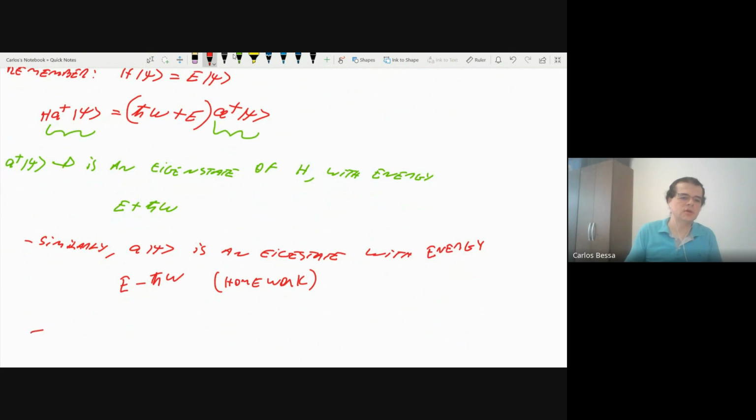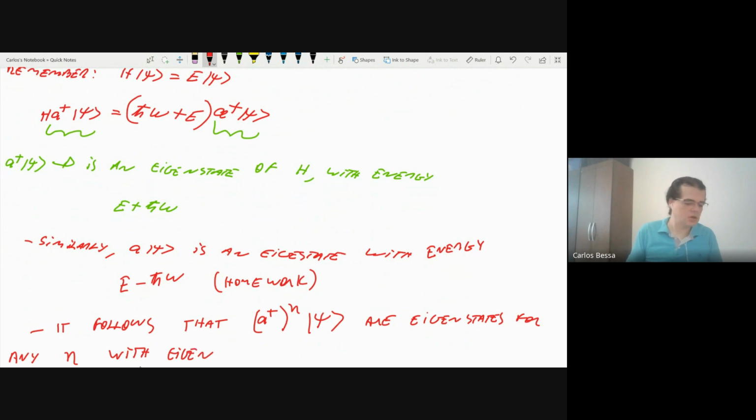And with this, it follows that A dagger to the n psi are eigenstates for any n, with n an integer, with energy E plus n H bar omega.